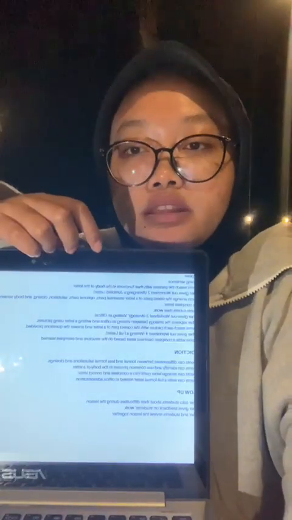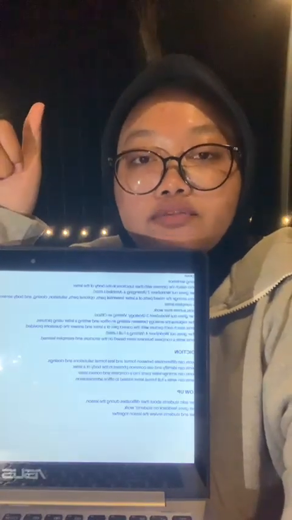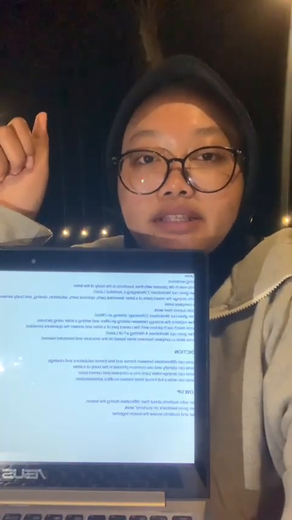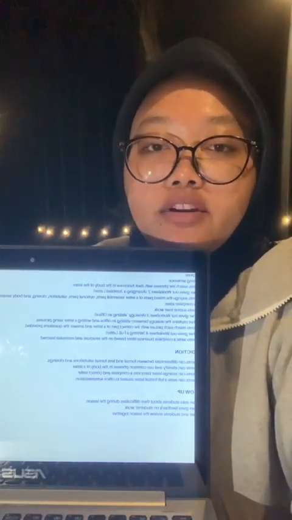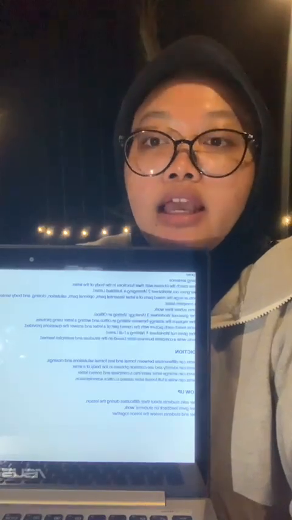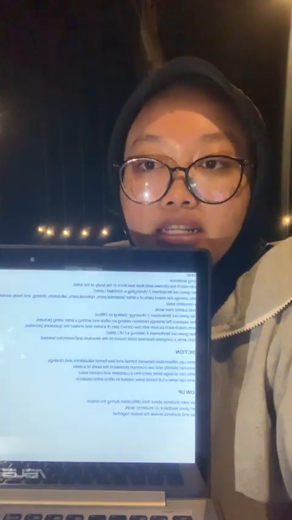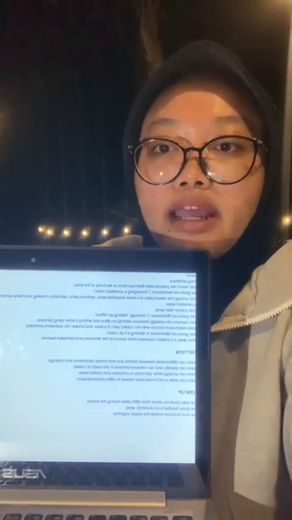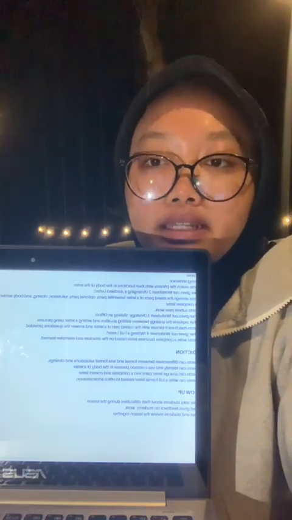The objectives of this lesson are: first, students are able to differentiate formal and less formal business letters. Second, students are able to understand common sentences and phrases in the body of the letters. Third, students are able to arrange letter parts into a complete business letter. And finally, students are able to write a full formal letter independently.